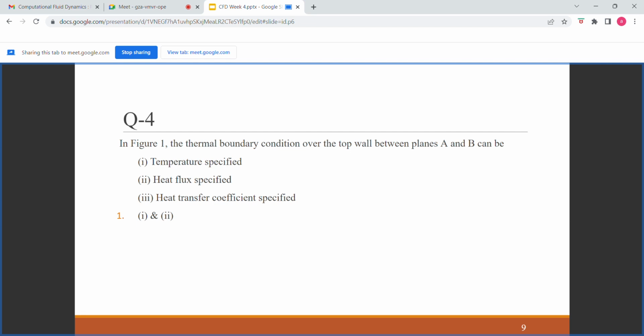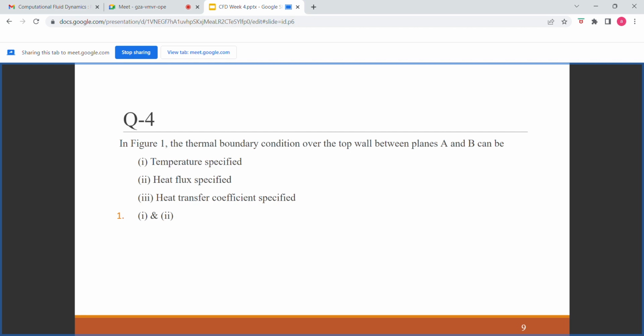It is asked that the thermal boundary condition needs to be specified because this problem involves heat transfer.